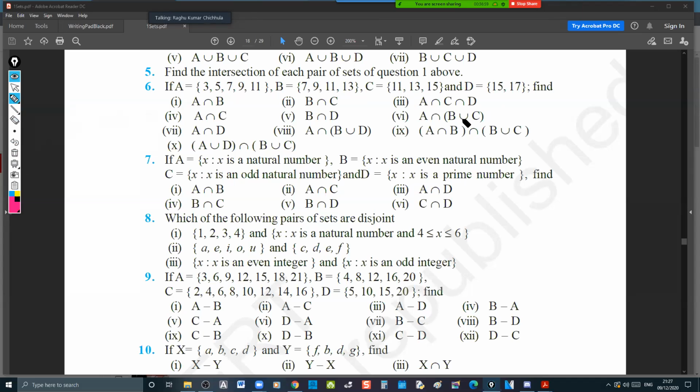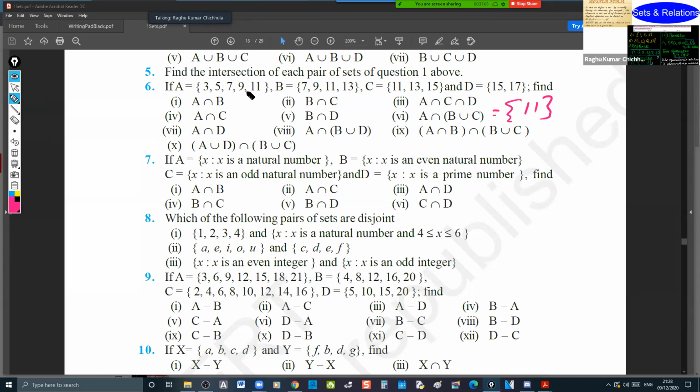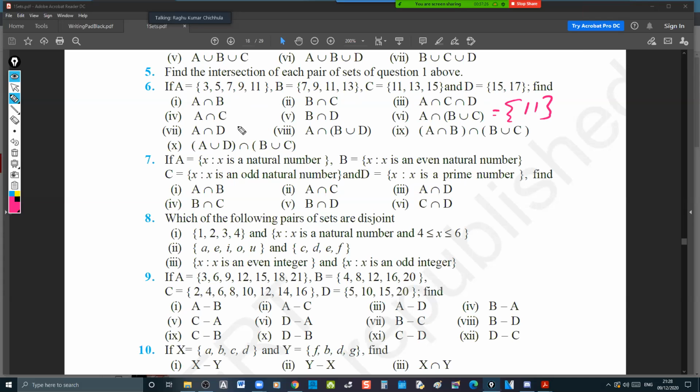Sir, the only common points between both of them are 7, 9 and 11. Chaitanya, I hope you understand that. Yes, sir. Chaitanya, you tell me whether A intersection B exists or not. It doesn't exist. So it is a null set.